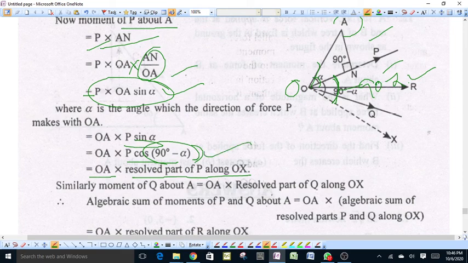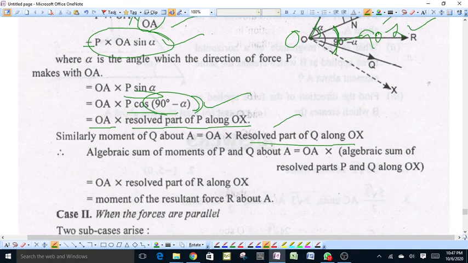This means the moment of force P about A will be equal to OA into the resolved part of P along OX. Similarly, the moment of force Q about A will be equal to OA into the resolved part of Q along OX.